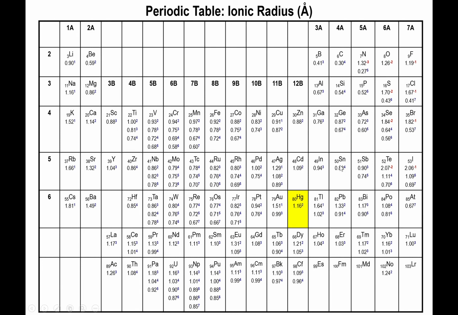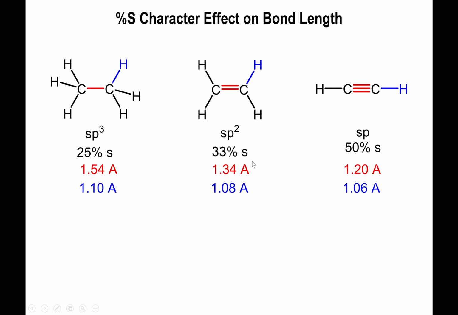When you look at the atomic radius of the elements, in particular the atomic radius of mercury, the radius of mercury is 1.16. And what that means is that if we treat mercury as a sphere, then technically speaking, the entire width of that mercury atom is going to be about 2.32 angstroms from left to right in that hypothetical sphere, and that is way bigger than the size of these bonds.